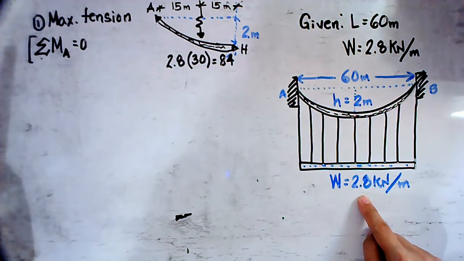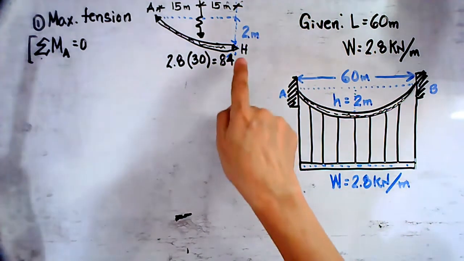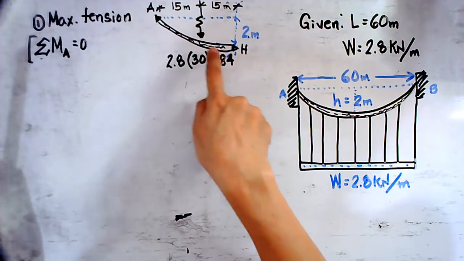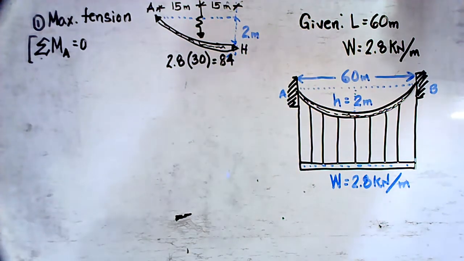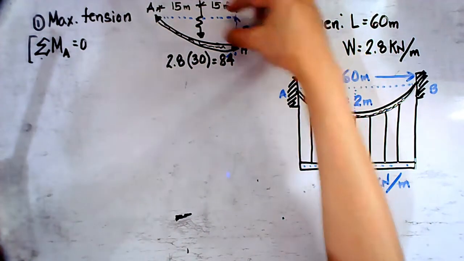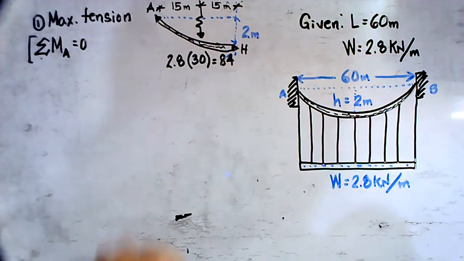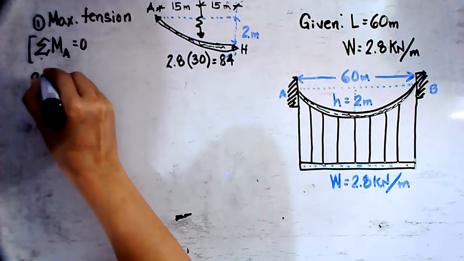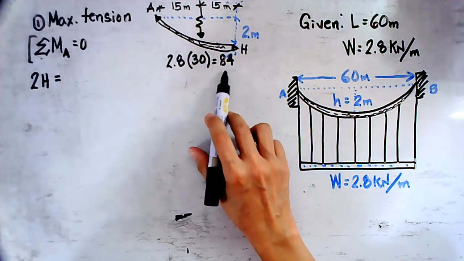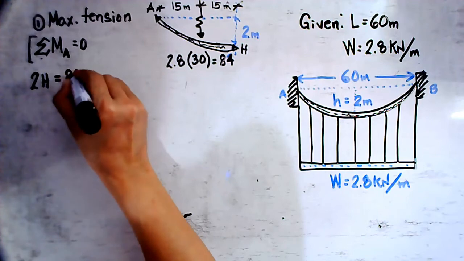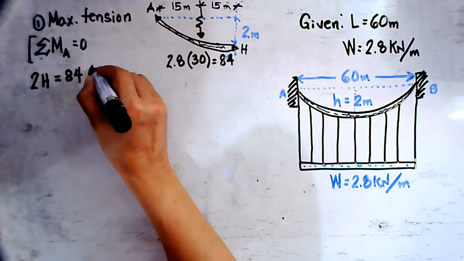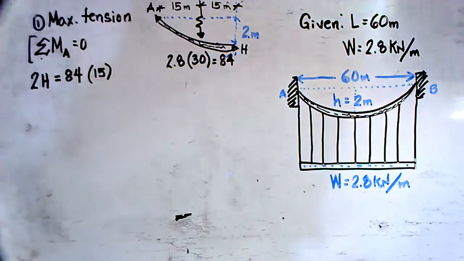which is 2.8 kilonewton per meter. So if we take moment at point A and represent a force H here in the parabolic curve, then we will have 2 times H. That is the perpendicular distance from point A times H. That would be equal to 2 times H equals, you have the 84 kilonewton here, and the perpendicular distance from point A is 15 meters.